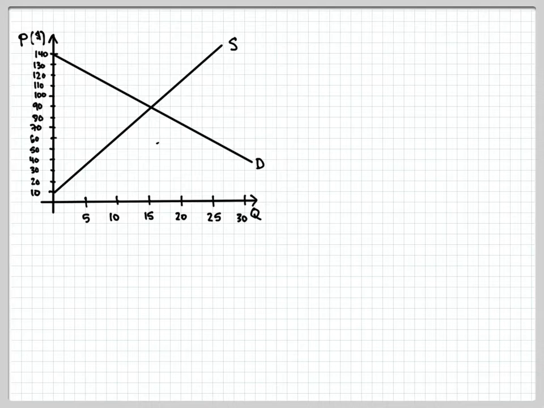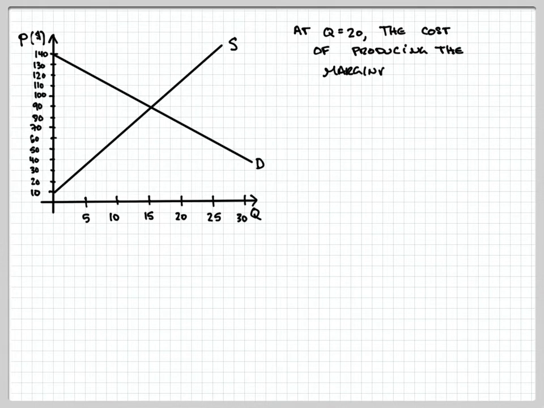So let's take a quantity greater than 15. When quantity is equal to 20, the cost of producing the marginal unit, that last unit, is right around $115.